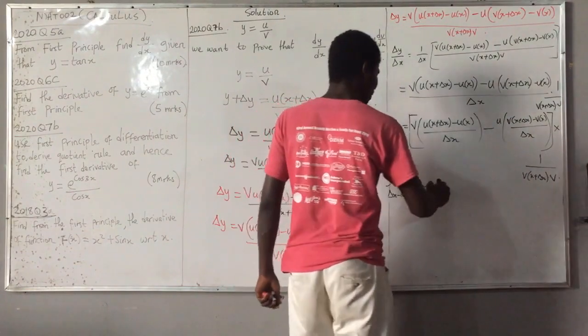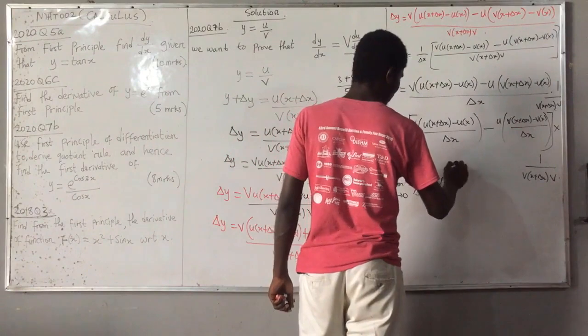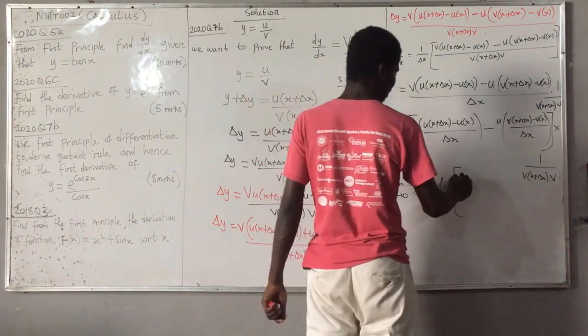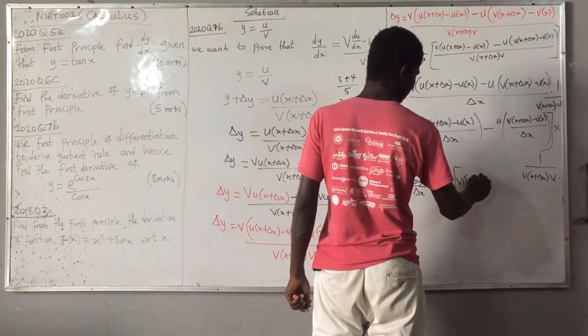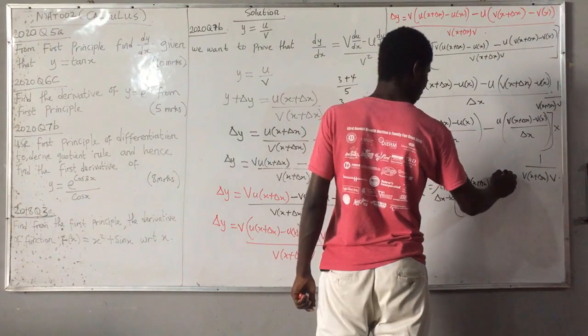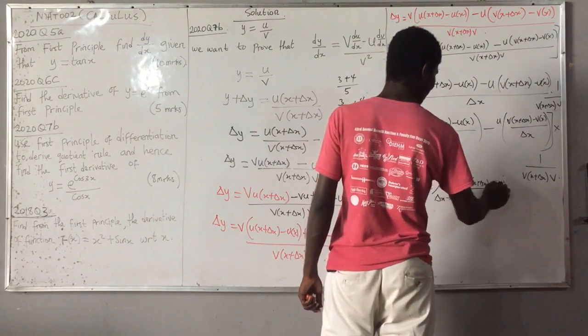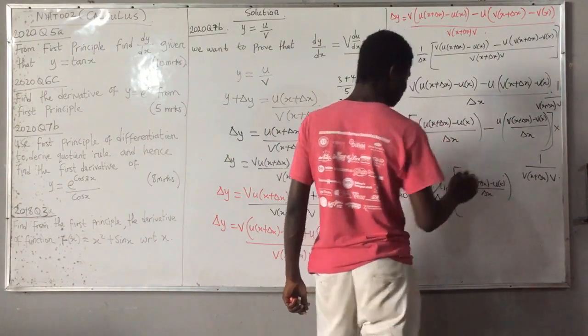The same thing happens to this one: limit as delta x goes to 0 of all these things, v times u of x plus delta x minus u of x all over delta x, right?